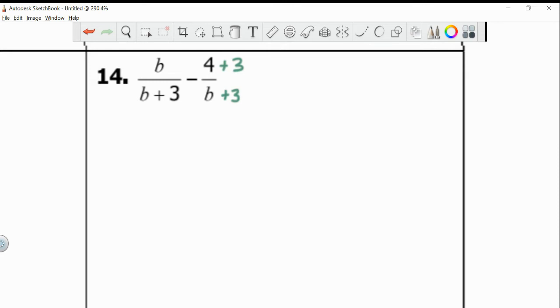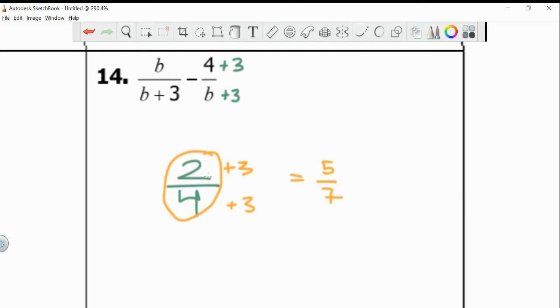If we take a fraction, let's just take a fraction like 2/4, and we do something like this, plus 3, plus 3. Does this stay the same fraction? Is 2/4 the same fraction as 5/7? No, right?